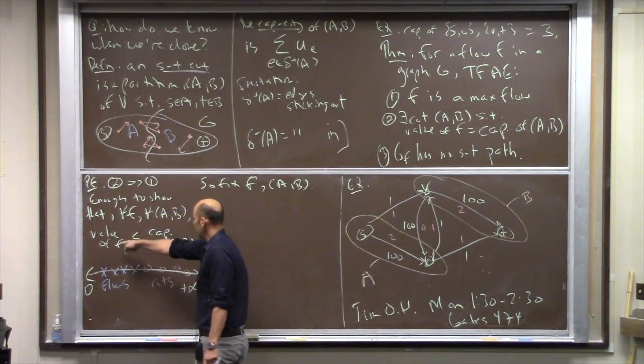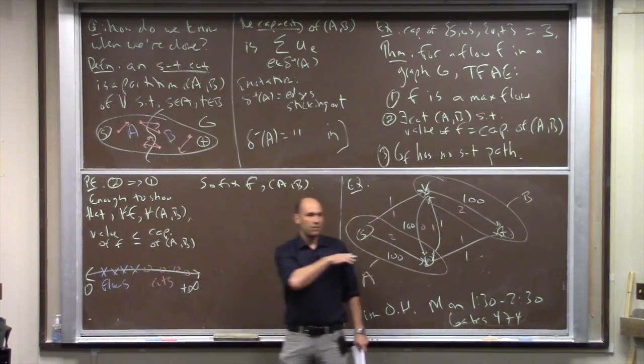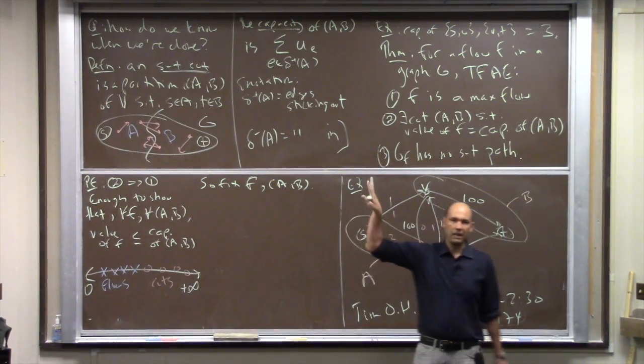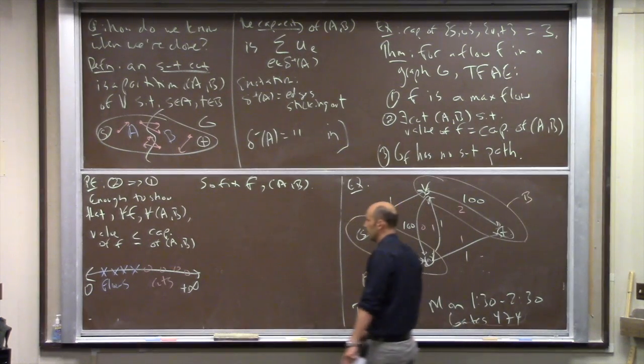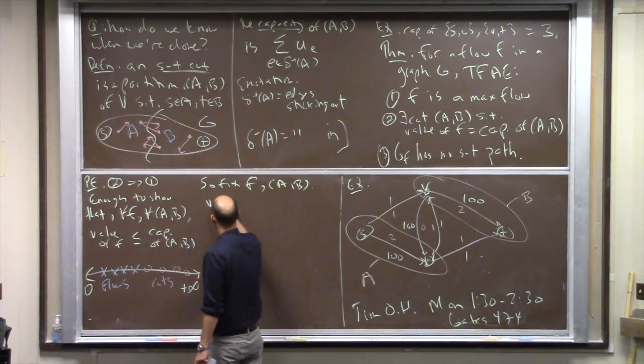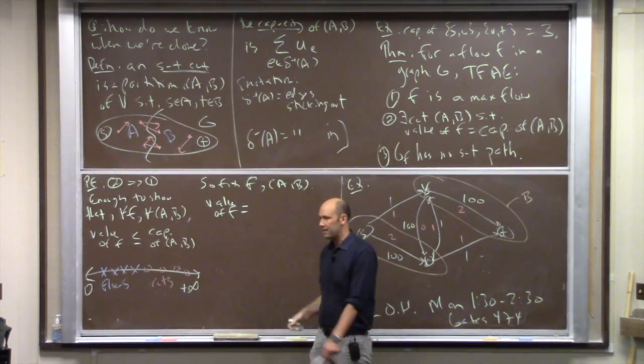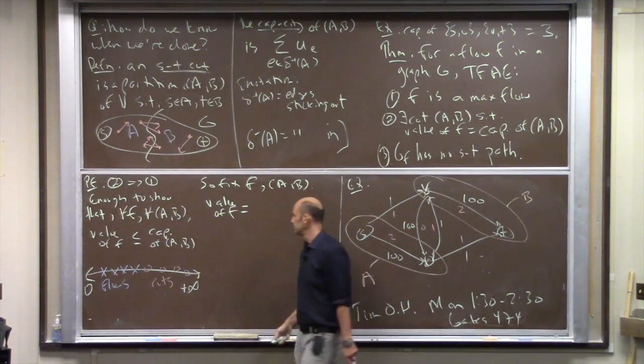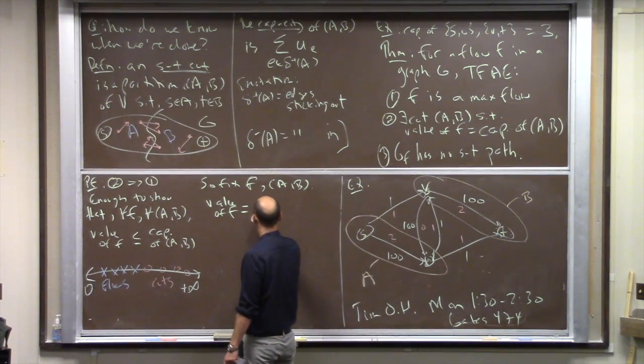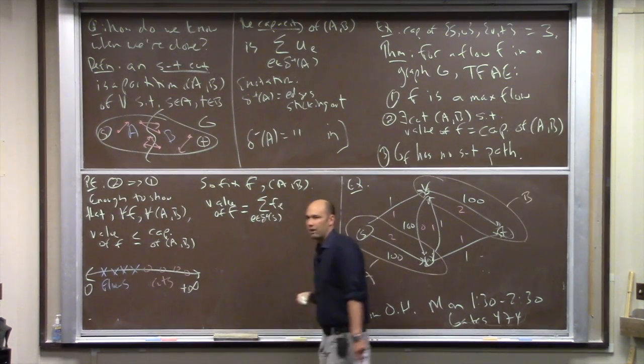So I need to start with the value of F, and then I need to have a sequence of equations and inequalities culminating with the capacity of this cut AB. Okay? So we start with value of f. All right, so let's remember what the value of a flow is. That's just the amount of stuff going out of the source. Okay? So by definition, this is the value of f.